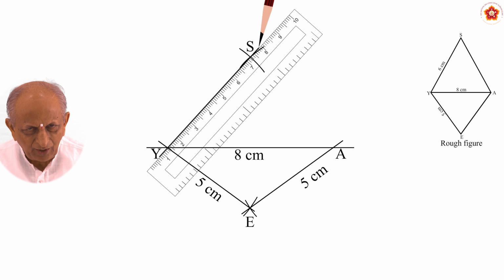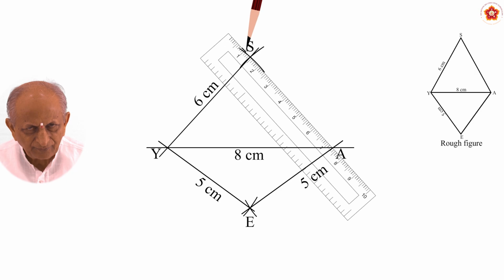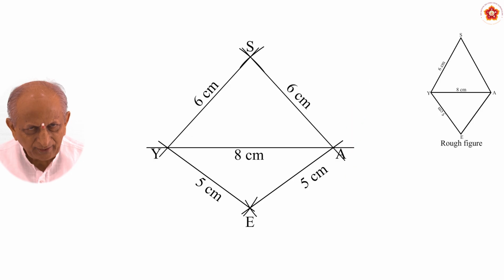So what you got now? You got the diagram of a kite. His name is EASY.